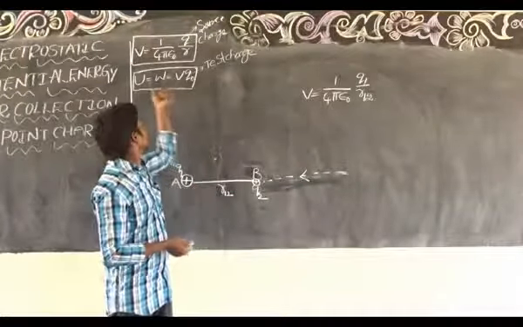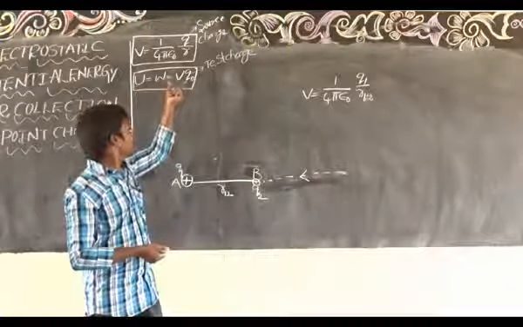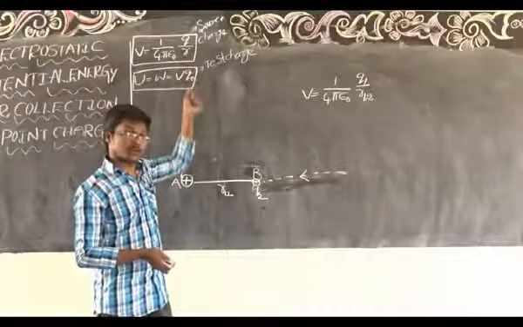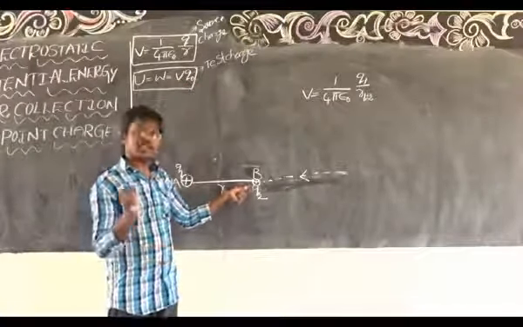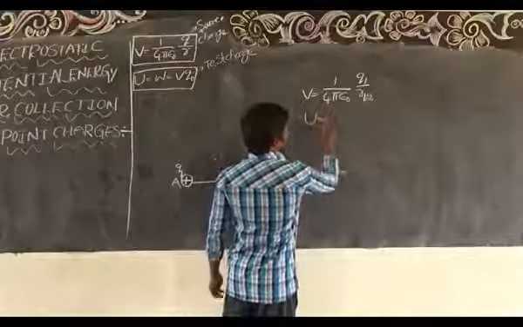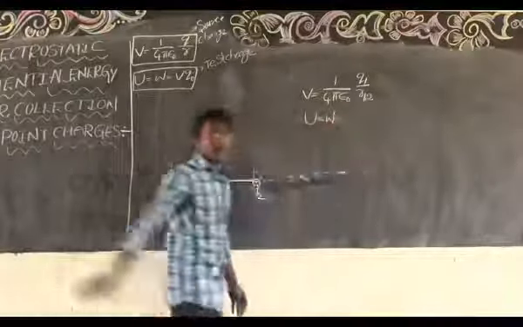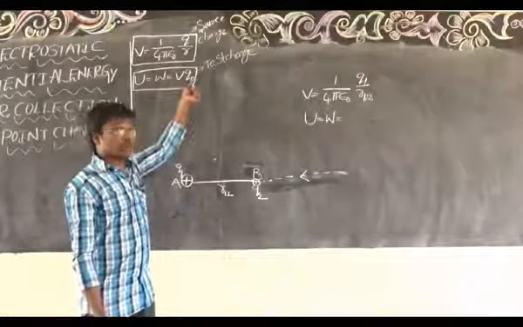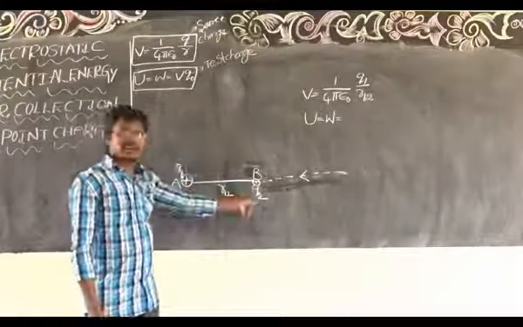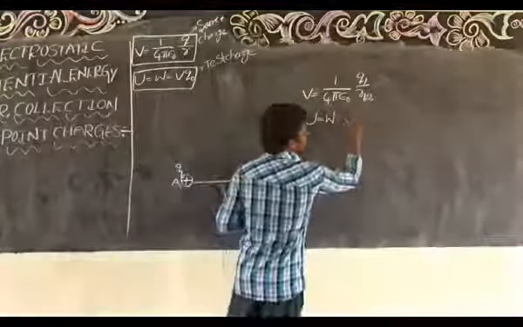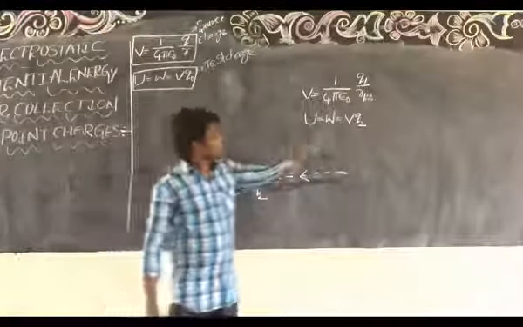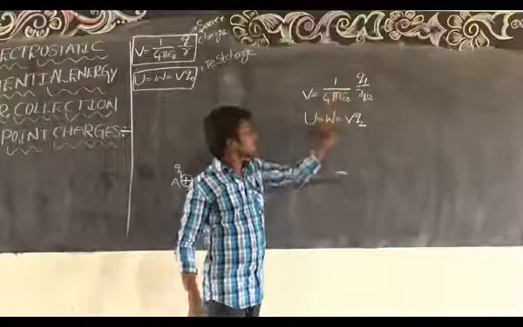Electrostatic potential energy U is equal to V into Q naught, the electrostatic potential into the test charge. But here the test charge is Q2, so U is equal to V into Q2. You know the V value; please substitute.